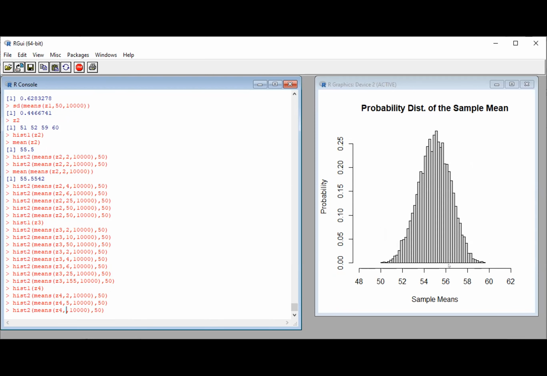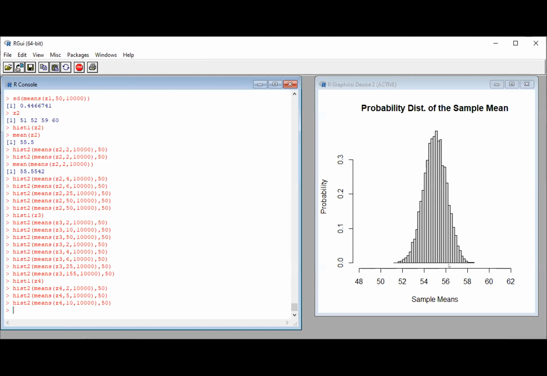So that's essentially the demonstration that when you pick samples from any kind of distribution, doesn't matter, if you pick a large enough number, then the distribution of the sample mean will always follow the normal distribution.